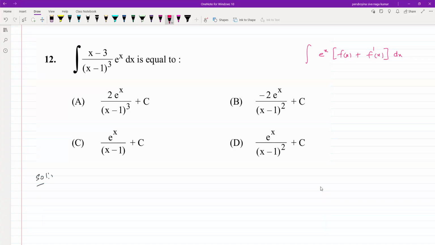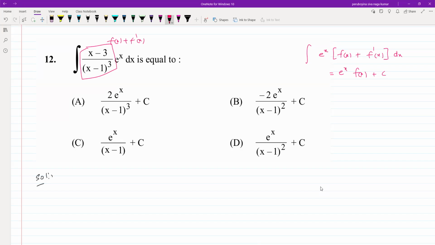Try to convert the given function into f of x plus f dash x. Then automatically you can write the answer e power x into f of x plus c.